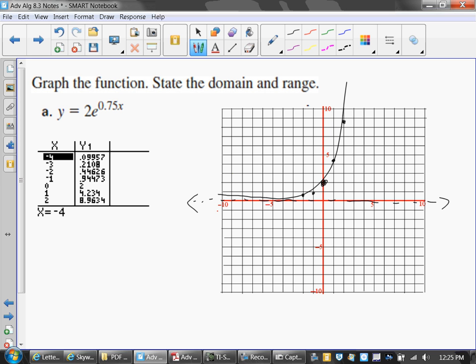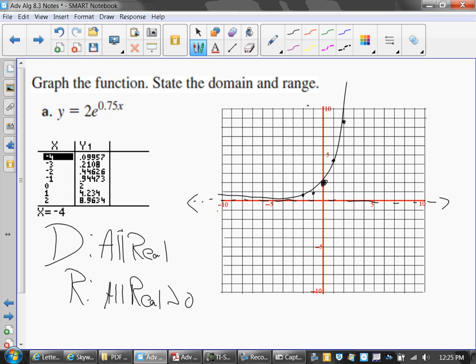What is your domain? All reals. Domain is all reals. And then your range is going to be, what was your... All real. Greater than... Greater than 0. There you go.